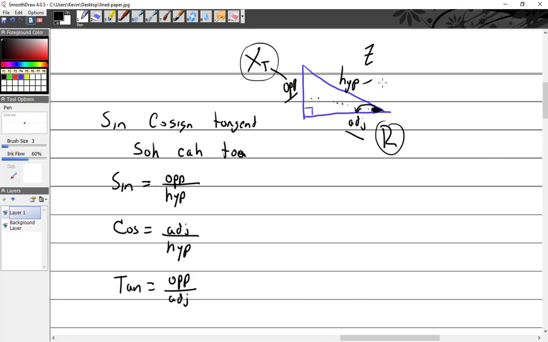Wrong. So I never choose the one that has the hypotenuse. I don't want to choose this one, and I don't want to choose this one. Why? Because it's just one more thing that could have gone wrong. Let's say you get XT right, and you get R right, and you use tangent. Is your angle going to be right? Yes. What if your Z is totally wrong?